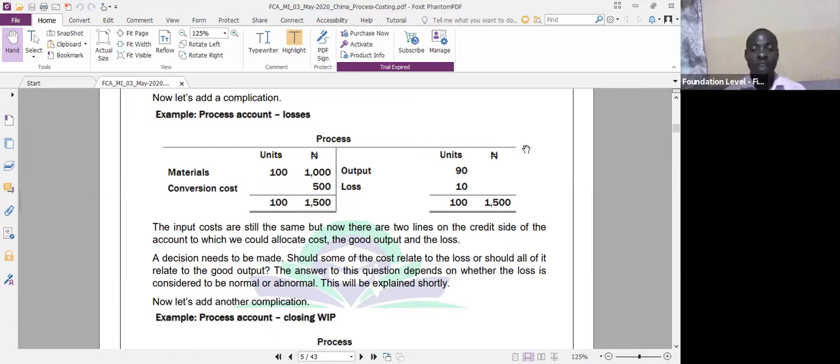Can we value at 1,500? Or are we going to share it proportionately with the output? We have to make a decision. So in this kind of decision, we have to ask ourselves: are our losses recoupable or are they not recoupable?